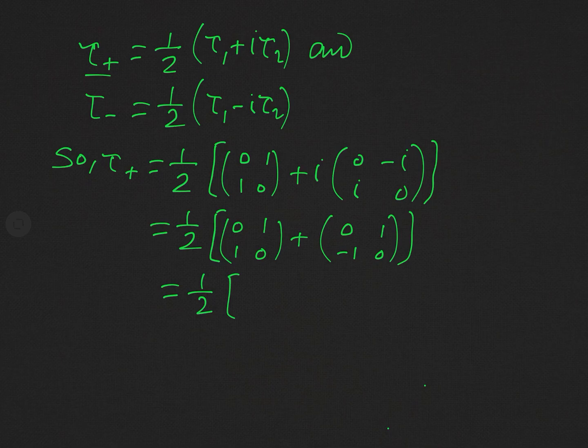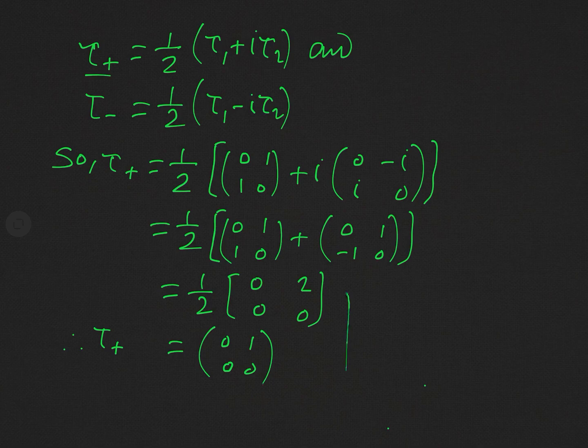This is 1 over 2 times: 0 plus 0 is 0, 1 plus 1 is 2, 1 minus 1 is 0, and 0 plus 0 is 0. So the tau plus operator will be in fact the matrix 0 1 0 0. This is the matrix form of this operator.